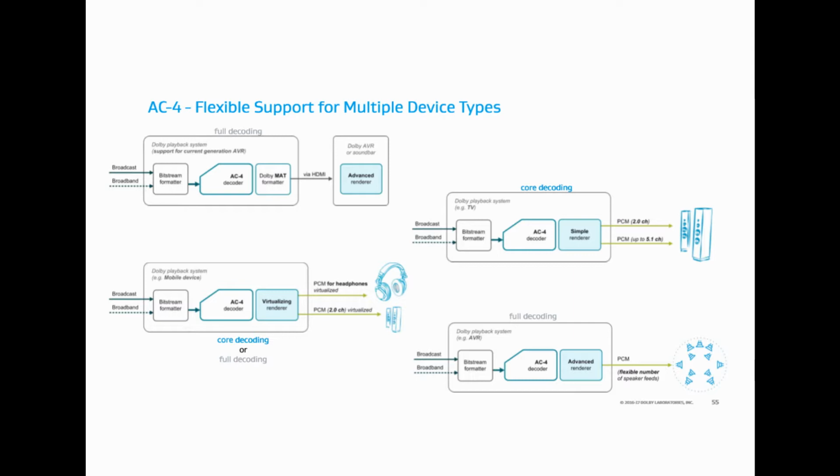We can do what we call virtualization, and I'm going to talk about virtualization in more detail in a few minutes, where we create a virtual immersive presentation. And the way we structure this codec gives us a few options: we can do a simple decode for stereo, or more complex decodes for larger numbers of speakers.